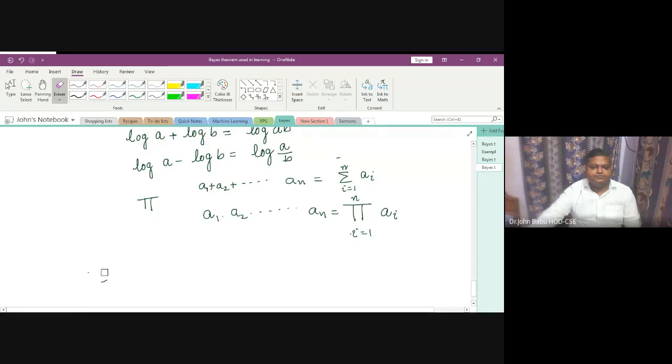So logarithm of A1 into A2 into so on An is equal to ln of the product.